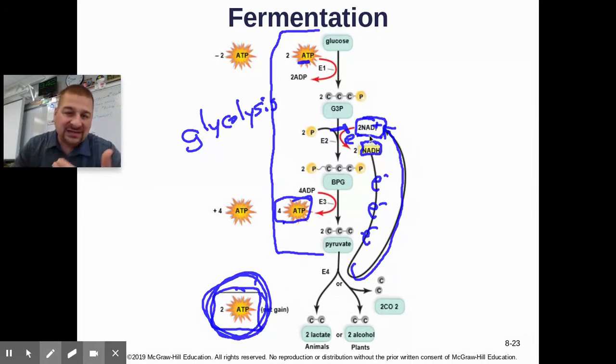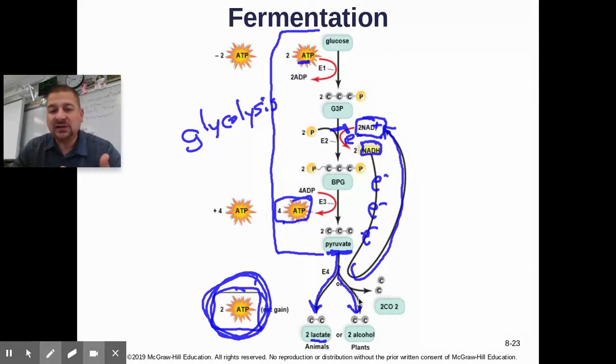So what cells do in fermentation is they offload those electrons into the pyruvate molecule. The 2 most common types are lactic acid fermentation, this route over here, where the electrons are put into the pyruvate and it is reduced into lactic acid. Or the other most common one, alcoholic fermentation.